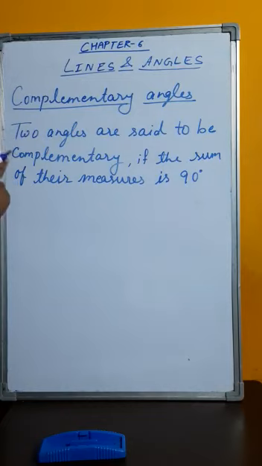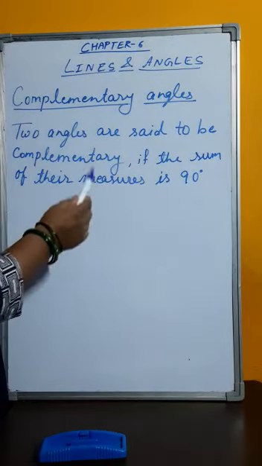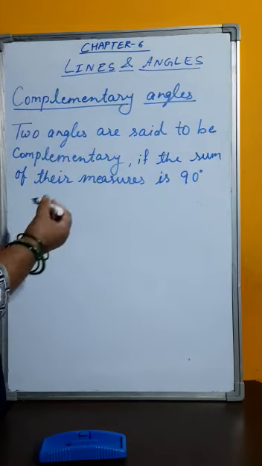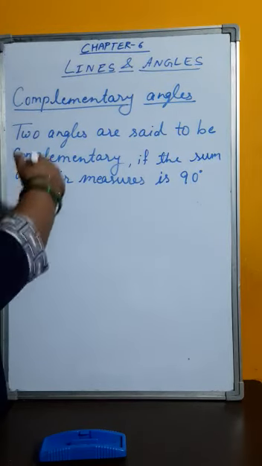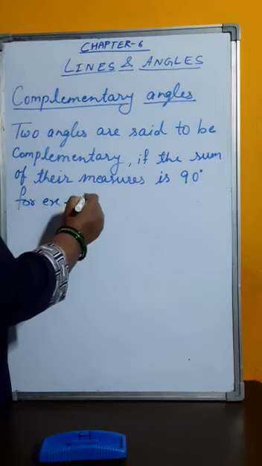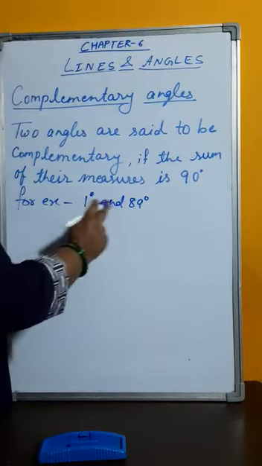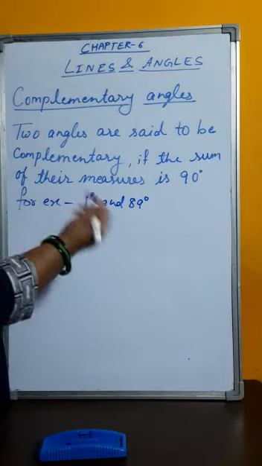Now students, see complementary angles. Two angles are said to be complementary if the sum of their measures is 90 degrees. For example, if we take 1 degree and 89 degrees, the sum of these two is 90 degrees.